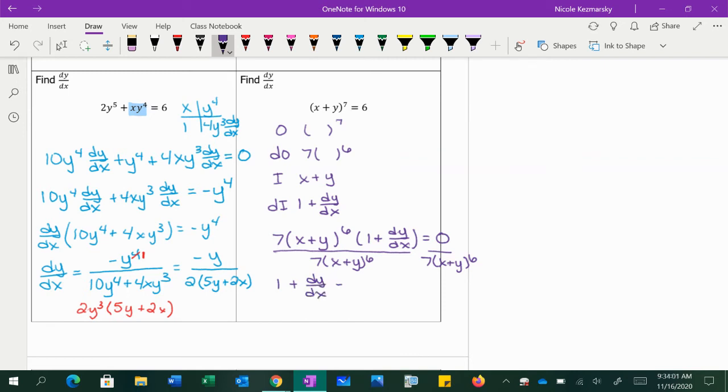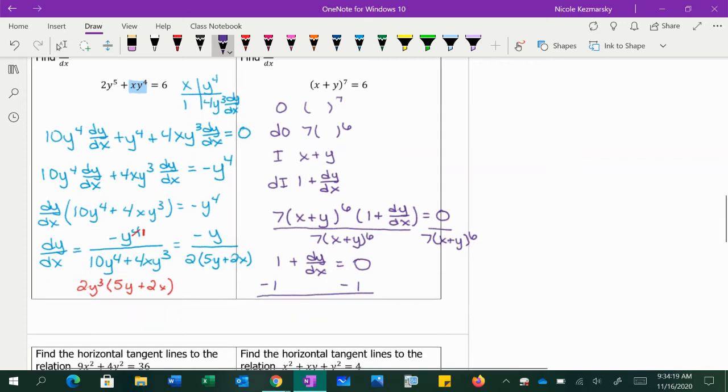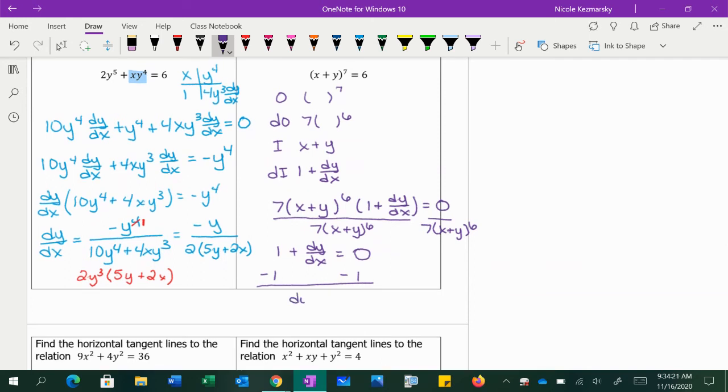And I've got 0 divided by all of that stuff. So as long as x plus y isn't 0, then I can go ahead and do 0 divided by whatever that is and get 0. And then I'm going to subtract 1. And that's going to leave me with dy/dx equals -1.